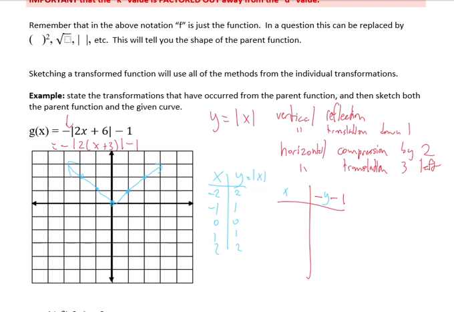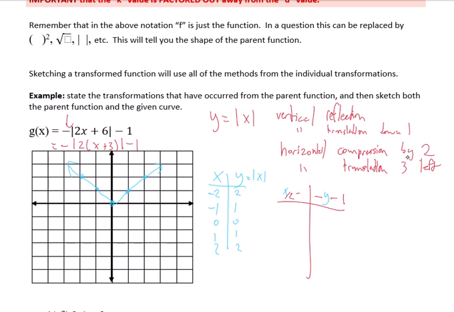For our horizontal transformations, we have a compression by 2, so we're going to divide x by 2, and then we need to go left 3, so we have to subtract 3. So we're going to take all of these x values, plug them into that x, and take all of these y values and plug them into that y. That'll give us our new points.